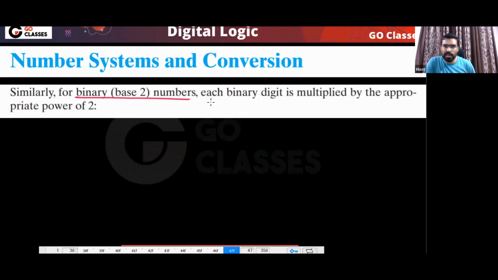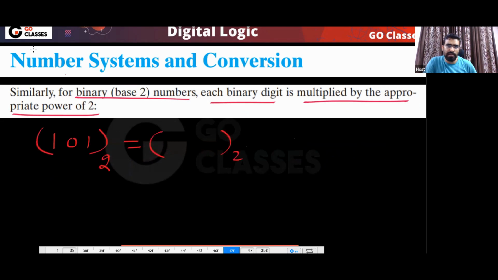In the binary system, each binary digit is multiplied by an appropriate power of 2. For example, if I give you the binary number 101, what will it be in decimal, that is, how many apples are you counting? Remember, every bit has a weight, and because it is binary, the weights are powers of 2.